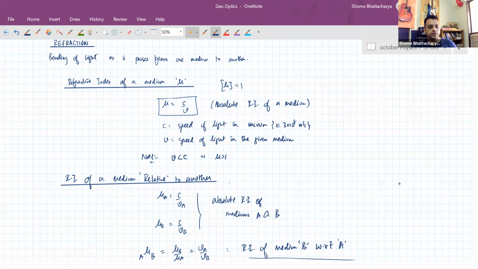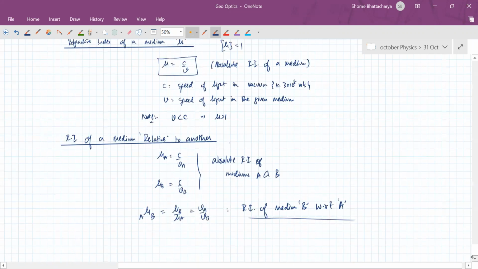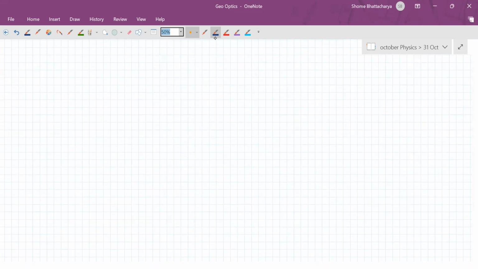So the notation should be clear for relative refractive index. Okay. So next we understand Snell's law.